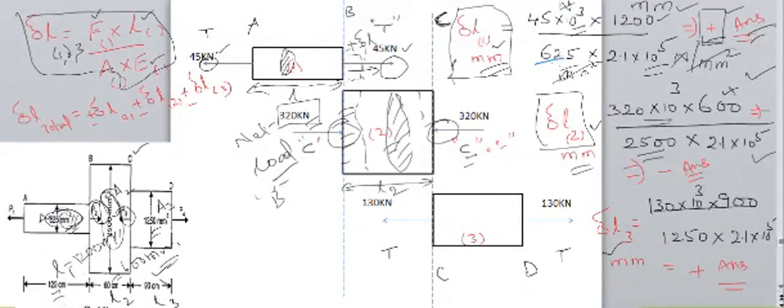Therefore, a negative sign will be coming here. So the negative answer we need to consider. If I consider the compressive load, I need to consider it as a negative elongation.